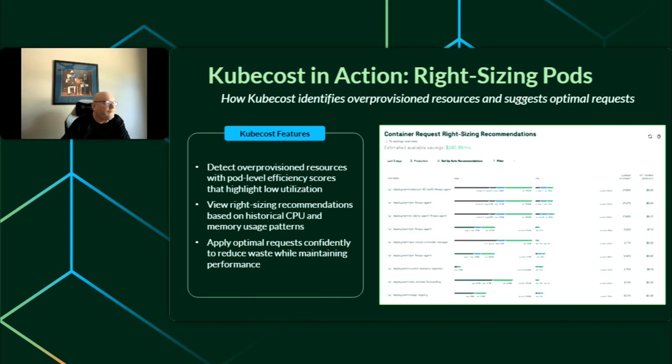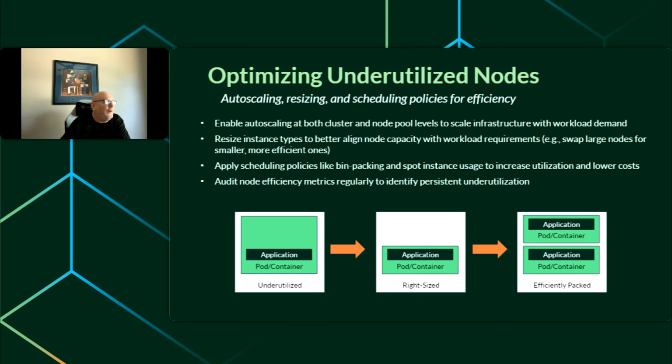Okay. The next one we're going to talk about is finding my underutilized nodes. Underutilized nodes tend to show up as a result of some of the things we've talked about before. I've downsized some workloads and now I've got nodes out there that aren't being used to their full capacity.